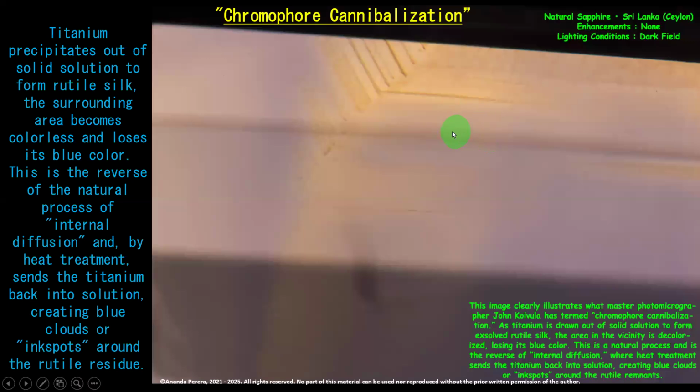By heat treatment, the titanium goes back into solution, creating blue clouds or ink spots around the rutile residue. Then heat treatment gives blue color because of this change. What is the name? Can you remember? Chromophore cannibalization. The reverse of chromophore cannibalization is done by heating. But we are studying the heated stone inclusions later. Now we are studying only natural blue sapphire inclusions.